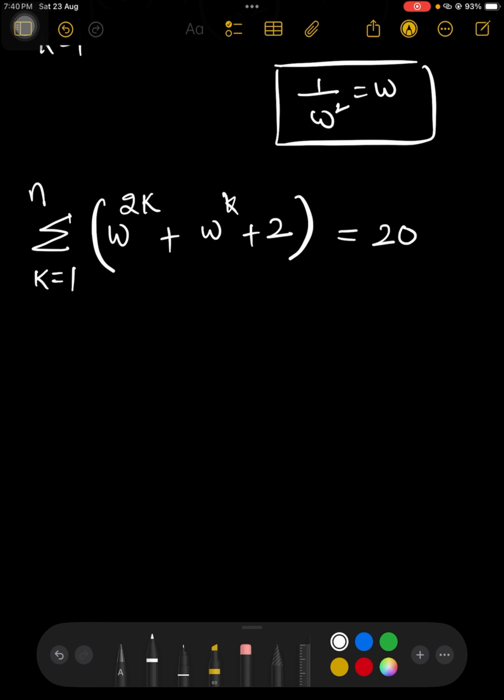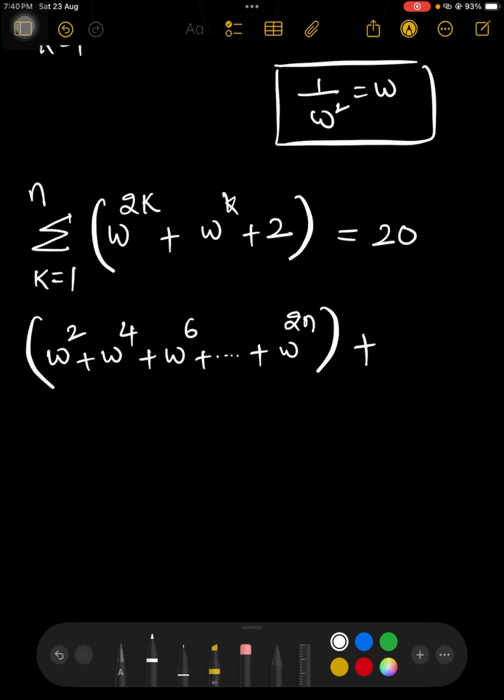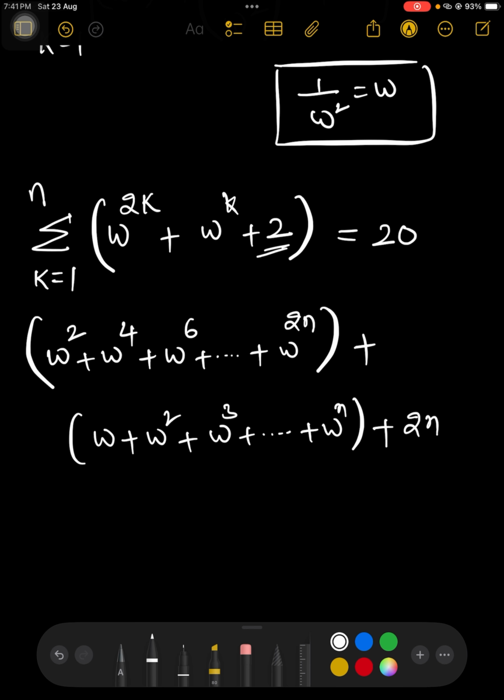What you will get is omega square plus omega power 4 plus omega power 6 and so on up to omega power 2n, plus omega plus omega square plus omega cube and so on up to omega power n, plus that 2, we can write it as 2n, equal to 20. Because of 2, you can add up n times: 2 plus 2 plus 2 and so on, n times is nothing but 2n.